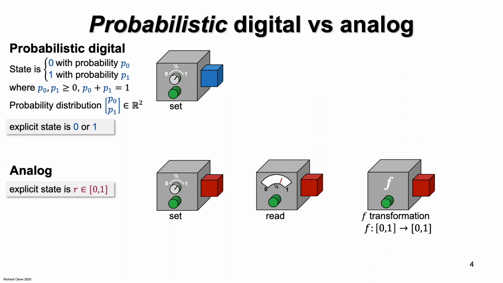Suppose that later on, we insert our bit into a read device. After we press the button, the actual value of the bit appears on the screen. Once we see the value of the bit, say it's 1, we change our probability vector. The component corresponding to what we saw becomes 1, and the other component becomes 0. Let's refer to this change as the collapse of the probability vector.